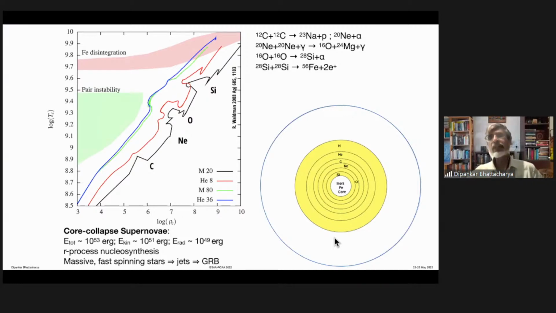And rapid neutron capture, followed by beta decay later, produces much heavier elements than the stellar nucleosynthesis could produce at the core. So this is called the r-process, or rapid process nucleosynthesis, because it happens by rapid neutron capture. And that can give rise to all the heavier elements that we see around us.